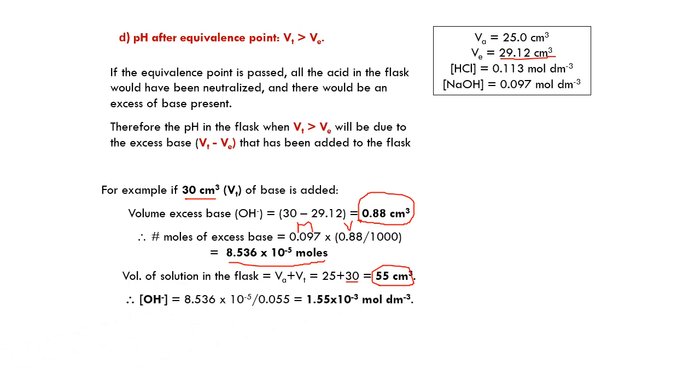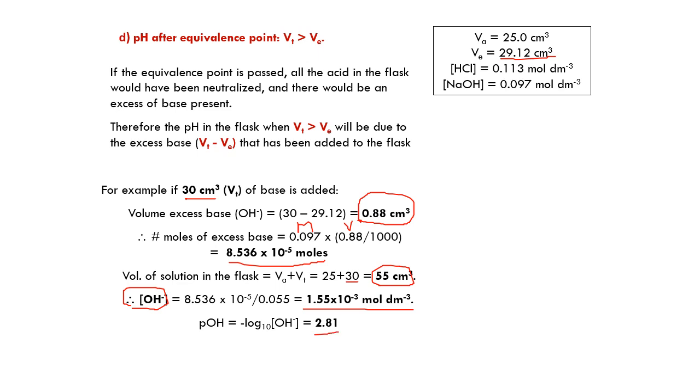We can find the concentration of our base, or the hydroxide ions, by dividing the moles by this volume in liters, and this tells us what the concentration of hydroxide ions would be. Now we're looking at hydroxide ions, so we have to determine pOH, which would be minus log of our hydroxide ion concentration, and it tells us pOH is 2.81.